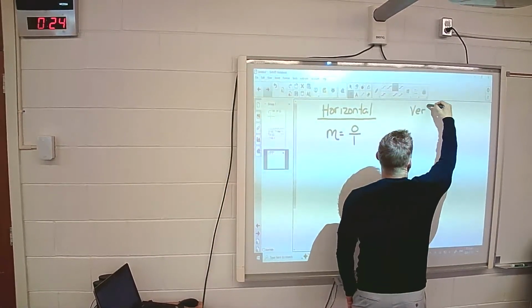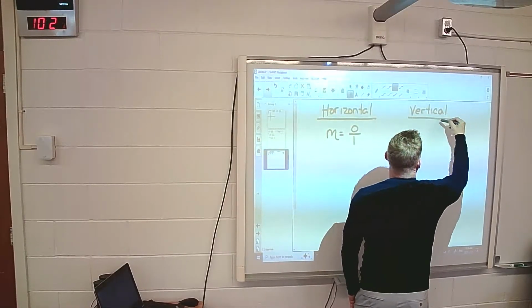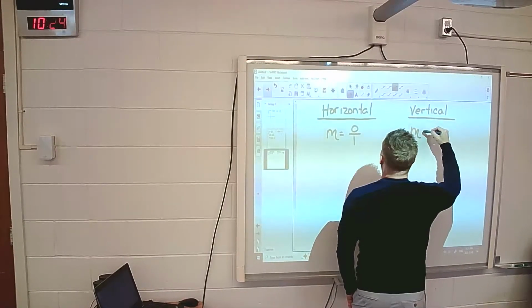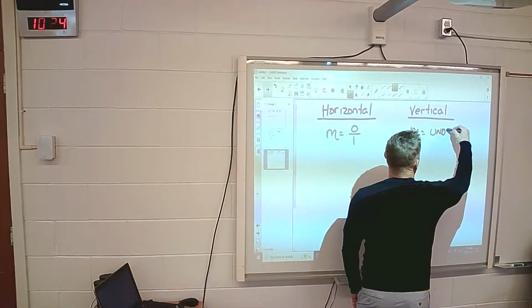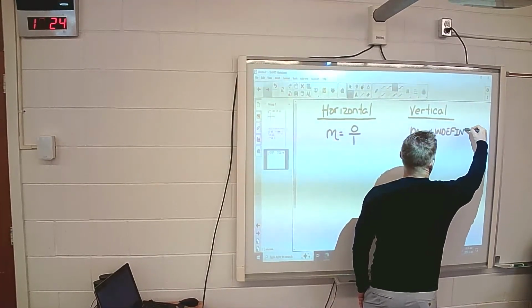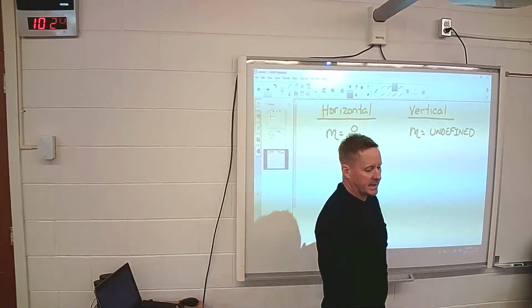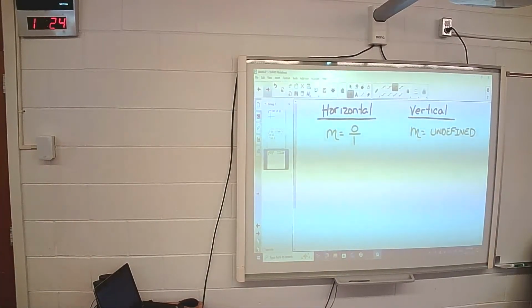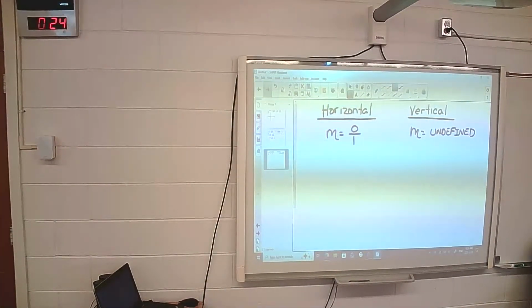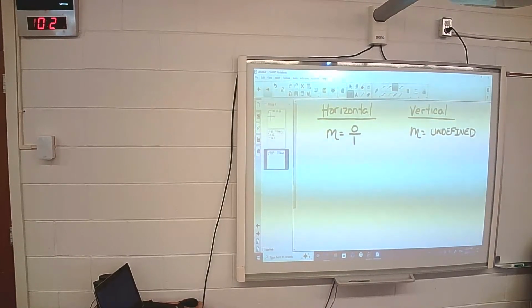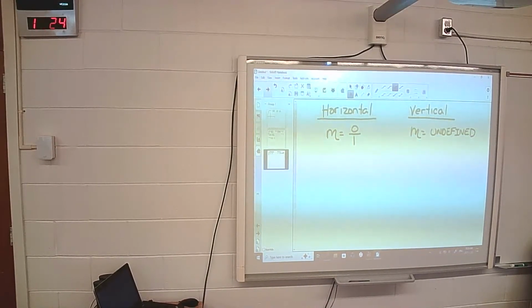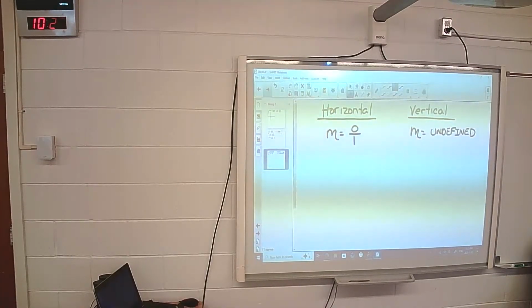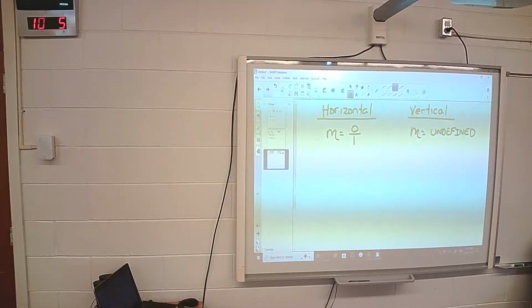For a vertical line, the slope is undefined. Now, why is that? Well, it goes up or down, so that rise could be 1, 2, 3, 4, 5, 6, 10 million, whatever. But it doesn't go left or right, does it? So what does that mean about your run? What is your run value? 0. And if I take any fraction and I put 0 on the bottom of it, what happens?